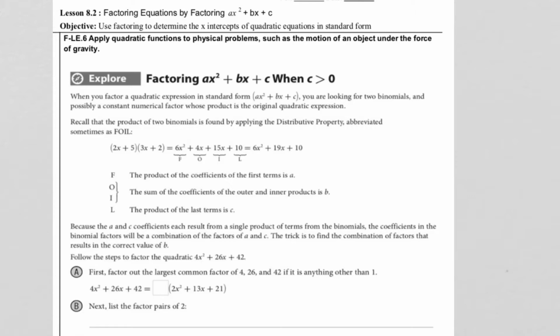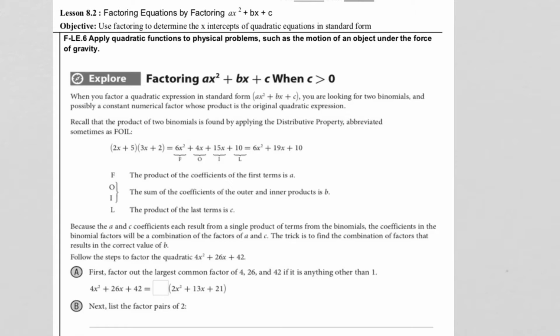So if we're looking at this example below, in example A, we can factor out the largest common factor of 4, 26, and 42. And that's going to help our factoring of this problem.